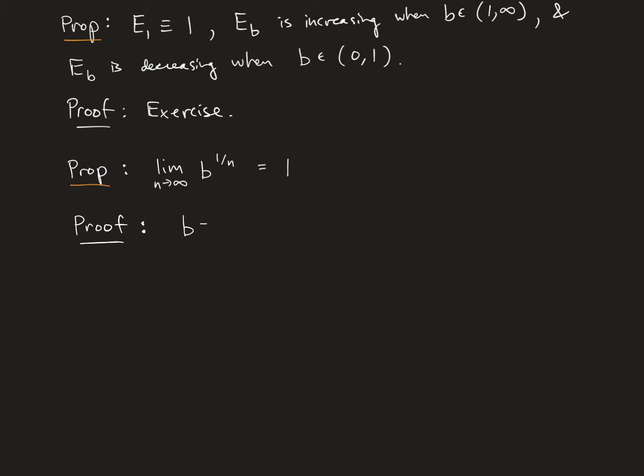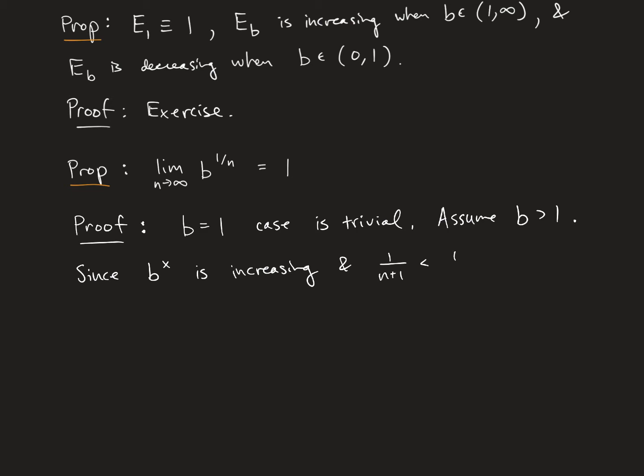The b equals 1 case is trivial. So let's assume that b is greater than 1. Then since b to the x is increasing, and 1 over n plus 1 is less than 1 over n, it follows that b to the 1 over n plus 1 is less than b to the 1 over n.